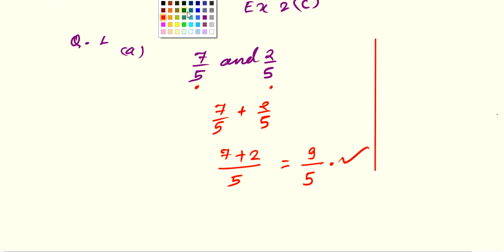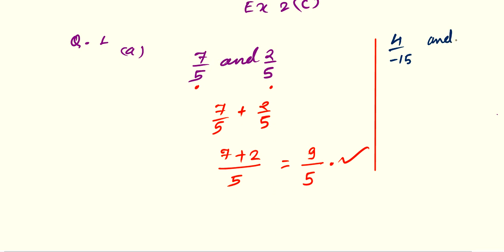Question number 1. 4 by minus 15 and minus 7 upon minus 15. First we have to change this to the standard form. So the standard form is minus 4 upon 15 plus, now negative and negative we have here, minus 7 upon minus 15. So this minus and minus get cancelled.